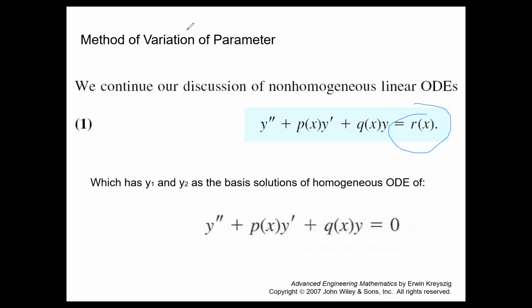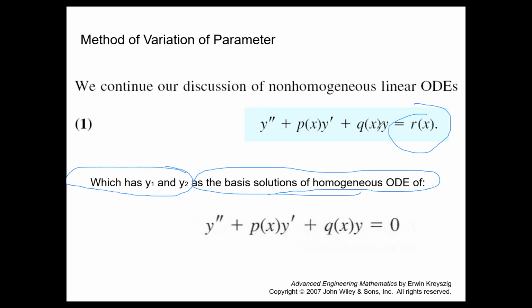Okay. This is based on the theorem that you have y1 and y2 as the basis solutions of the homogeneous ODE. Then we utilize y1 and y2 to find other solutions relating to our problem. That's called the method of variation of parameters. We're not going to start from zero.